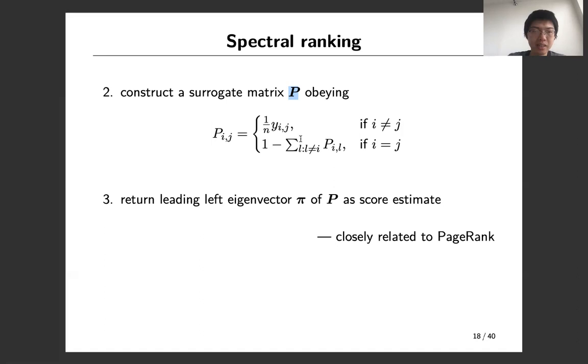You can check that under expectation, the expected version of this P matrix is exactly the P star matrix we just introduced. So in the last step, we just return the leading left eigenvector pi of this P matrix as the score estimate. It turns out that this spectral ranking algorithm is closely related to the PageRank algorithm Google has been using in their search engine.